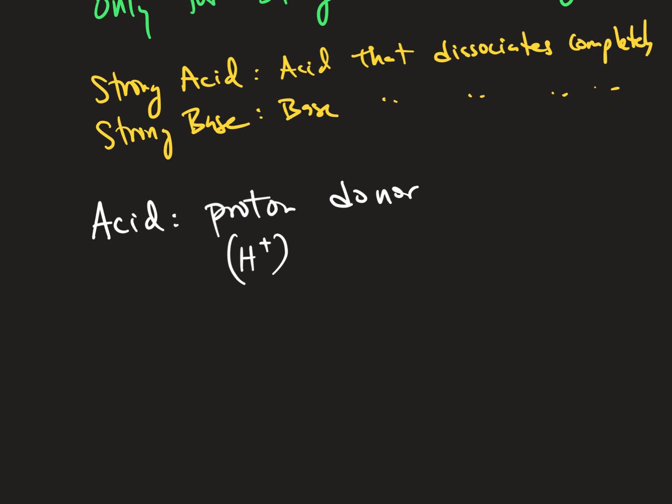You with me? And remember we talked about that's what made it an acid, right? If it has a hydrogen ion in it. So why does that make it an acid? Because it has a hydrogen ion that it can donate to something. Does that make sense?